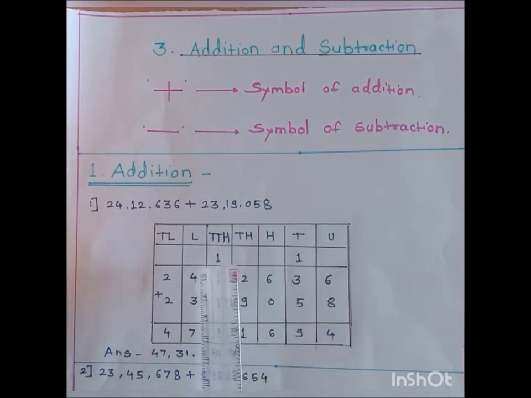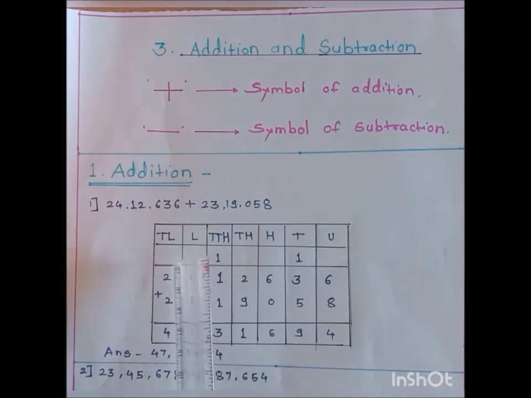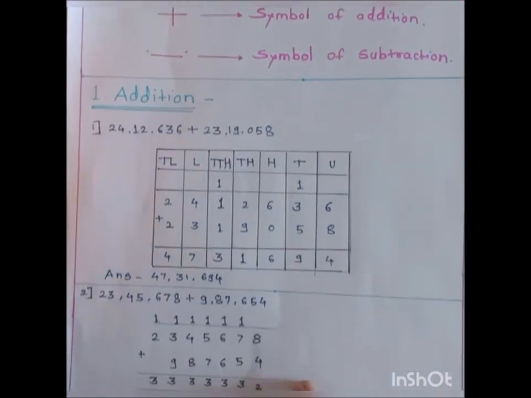Again we have to add the digits of lakh place, that is 4 plus 3 is equal to 7. Last one, ten lakh. We have to add the digits of ten lakh place, that is 2 plus 2 is equal to 4. We get sum 47,31,694.